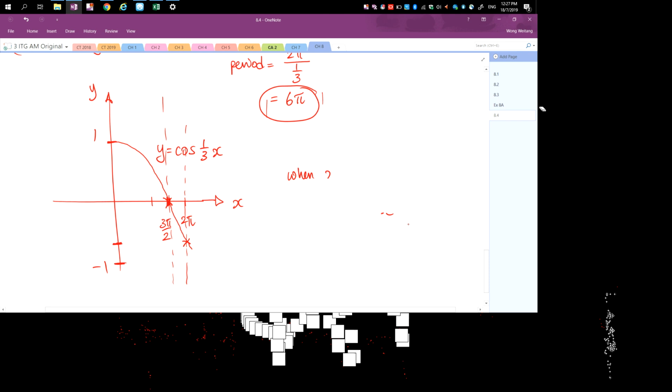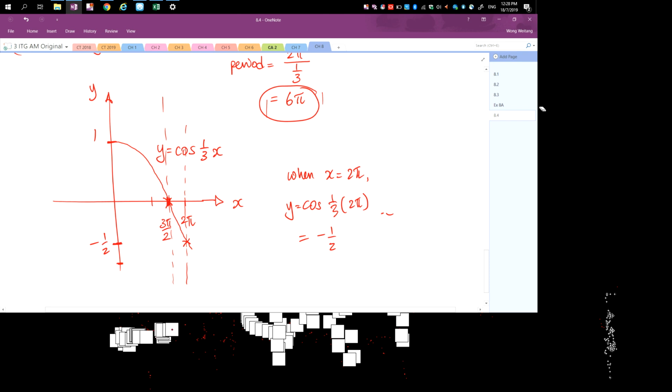When x equals 2 pi, we have y equals cosine 1/3 times 2 pi. So calculator, what does that give you? Cosine 120 degrees. What do we have? -half. Okay, so this value is -half. Then I don't require my -1 also.